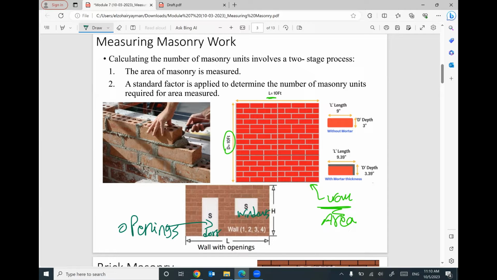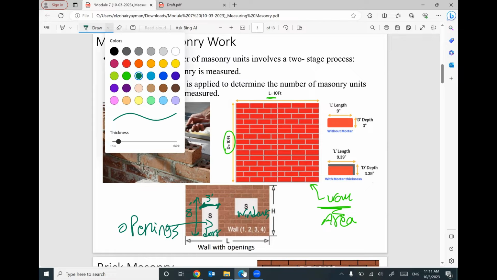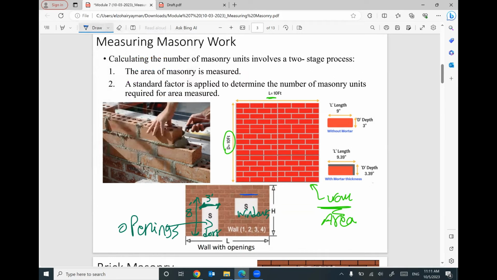So if you measure the width of your door, it's typically 3 feet wide and typically 8 feet high. This is the typical dimension of the door. Sometimes this information is not given, so you can assume logical dimensions. Also, for the window, the logical dimension may be 3 feet by 3 feet, maybe bigger or maybe smaller based on the size of your window.